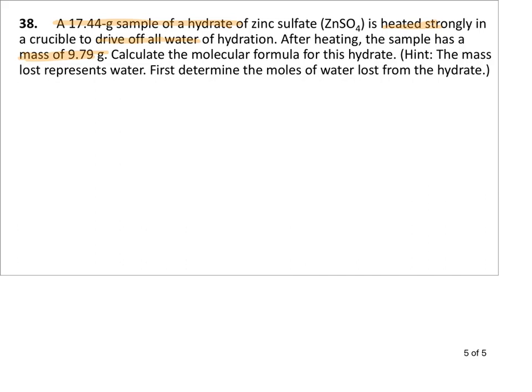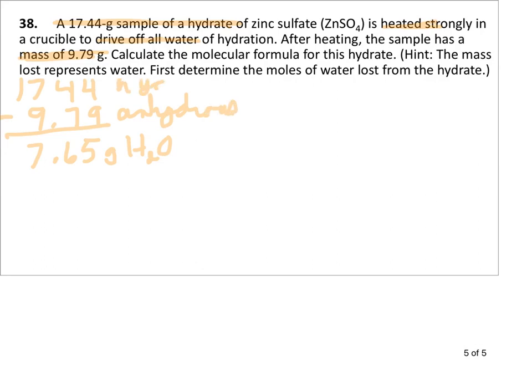So to figure out how much water we had, we'd take the 17.44 minus the 9.79, gives us 7.65. This will be the grams of the water. The 9.79 would be the anhydrous version of it. This is the hydrate.